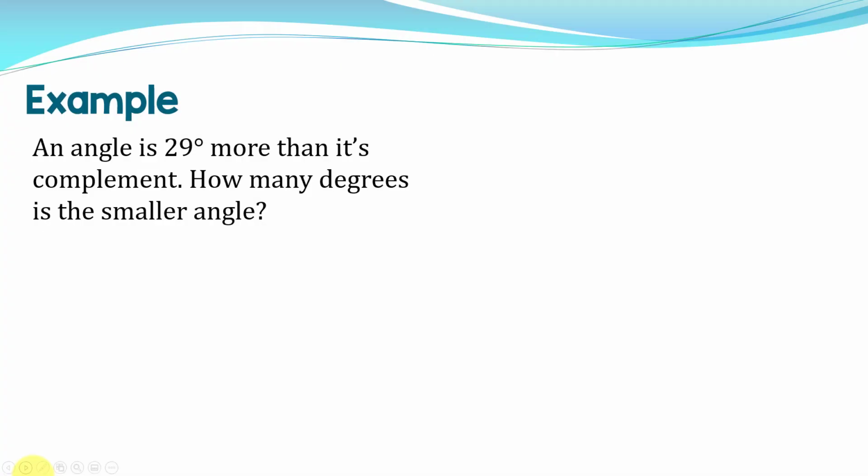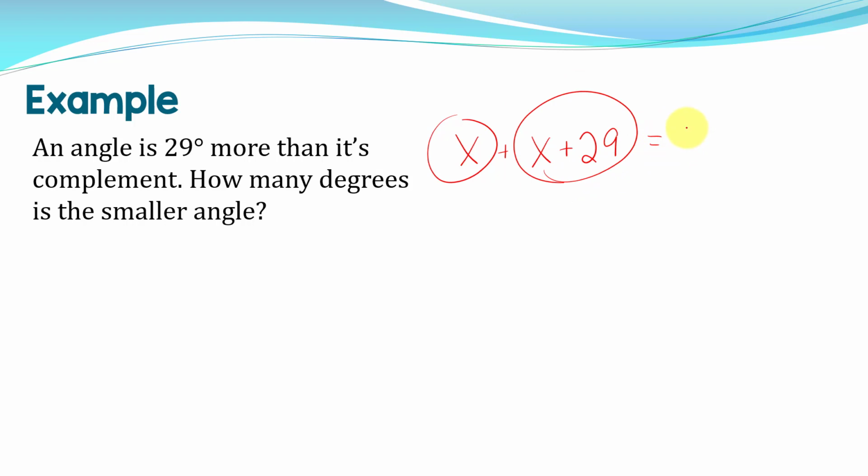All right, an angle is 29 degrees more than its complement. How many degrees is the smaller angle? Well, an angle and its complement we know would add up to 90 degrees. So we've got an angle and then another angle that is 29 degrees more than that. So this is the first angle, this is the second angle, and they need to add up to 90 degrees.